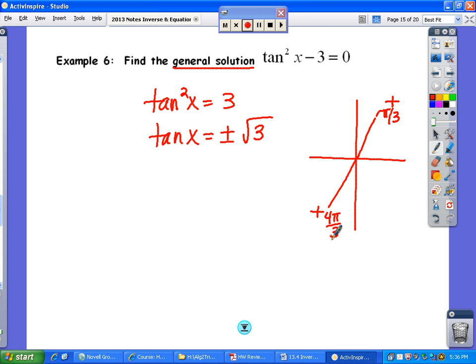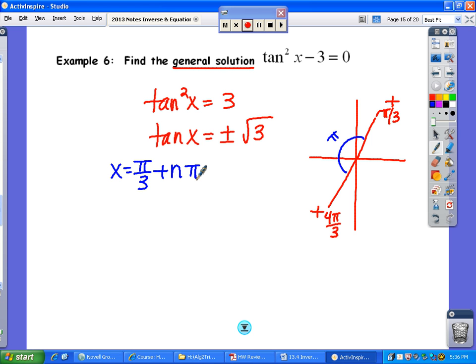So let's start out. How far are these two angles apart? What is that distance? Well, you notice it's a straight line, so that means it's pi. So I'm going to add a multiple of pi to this. I'm starting at pi over 3, so my first answer is pi over 3 plus n times pi. If I added 1 pi, n is 1, I'd get to 4 pi over 3.